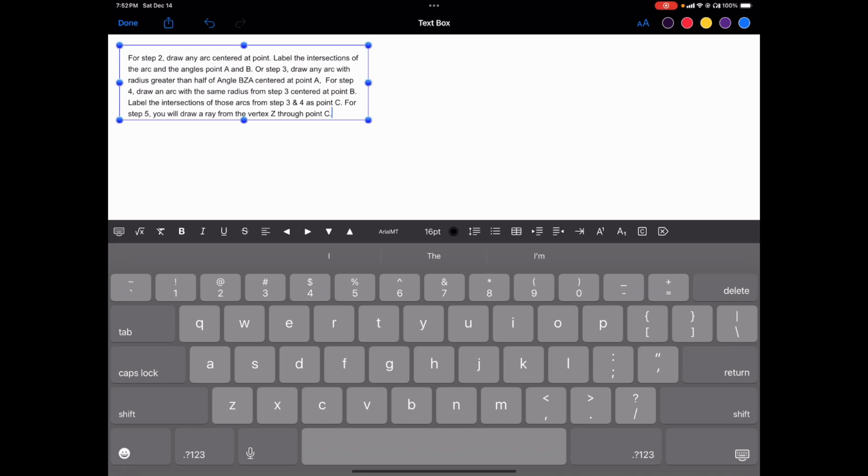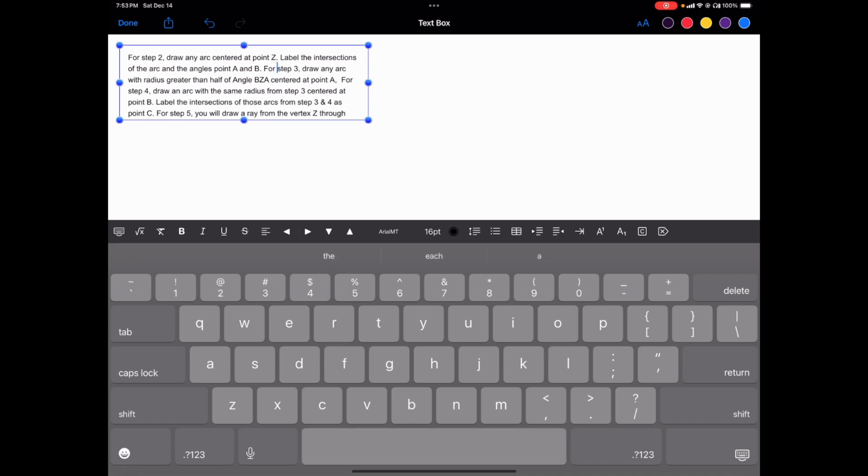For step 2, draw an arc centered at point, that should have been Z, point Z. Then label the intersections of the arc and the angles, point A and B. For step 3, I guess it's hard to type on this thing and try to read it. It's kind of small.